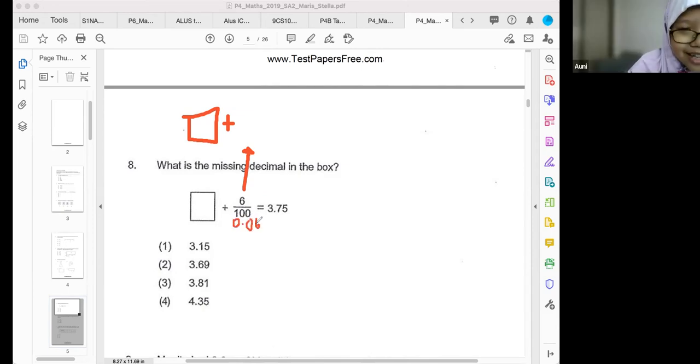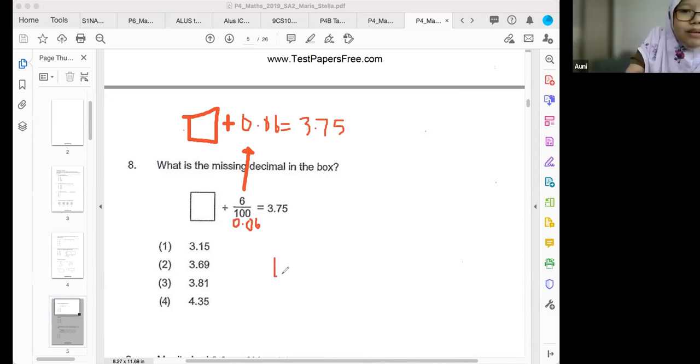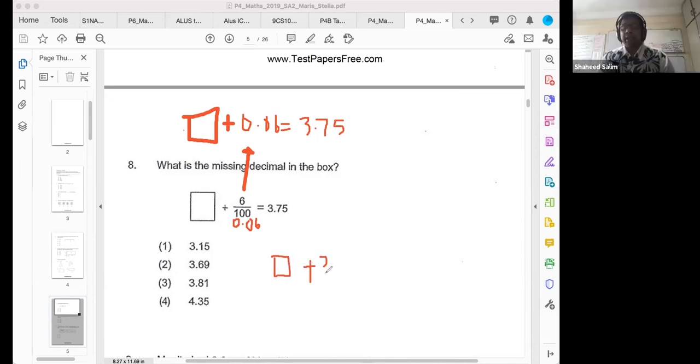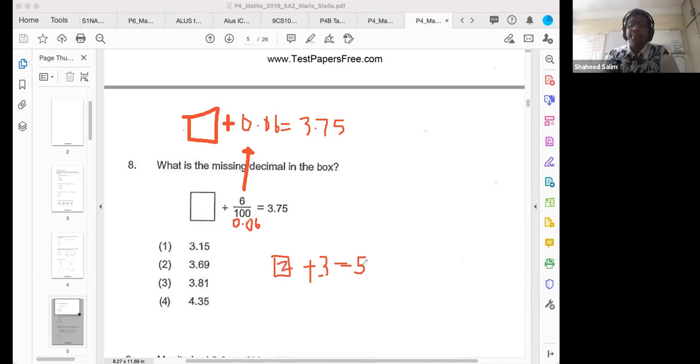But I don't understand. So you ask yourself, what plus 0.06 equals 3.75? I don't know how to do this. Okay, I'll give you another example. Blank plus 3 equals 5. What's your answer, Avni? 2. How did you get 2? 5 minus 3 gets 2.